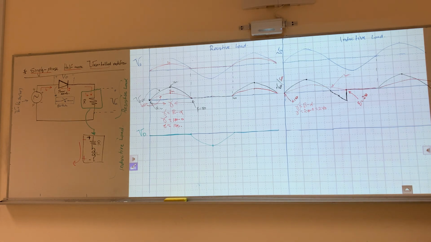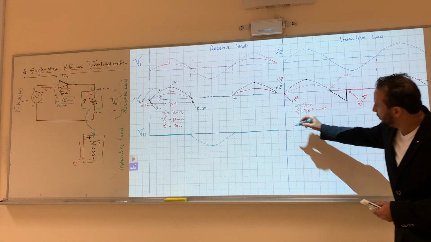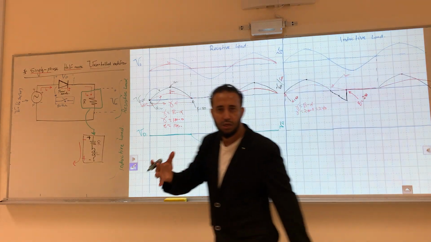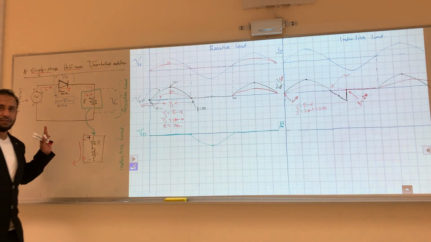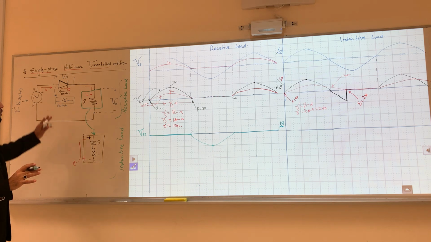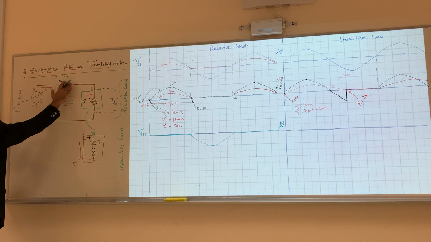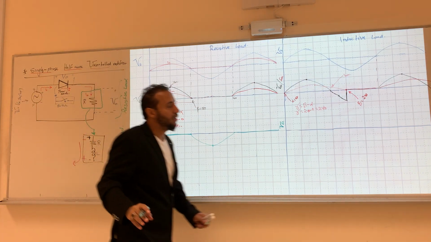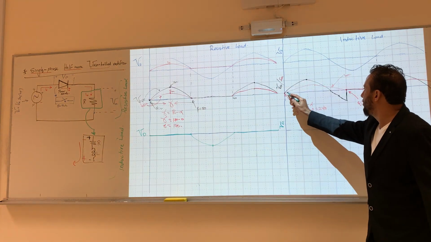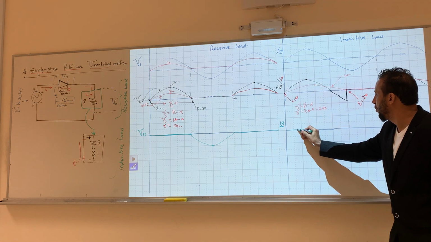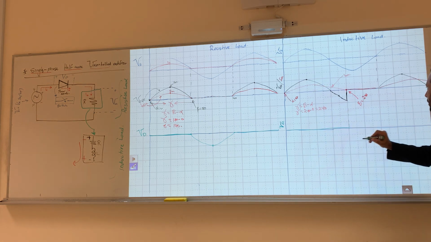Okay? What will happen for the V diode? This is V diode right here, the voltage across the diode. As I told you before, when there is current, when it conducts, the voltage across the diode is 0. So here, we have a conduction from here to here. So this is all 0, up to this point. And it conducts here, all 0.